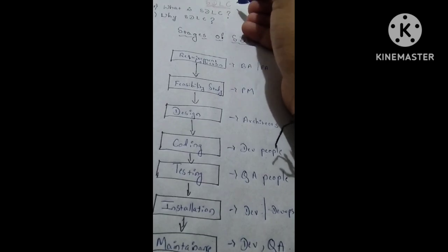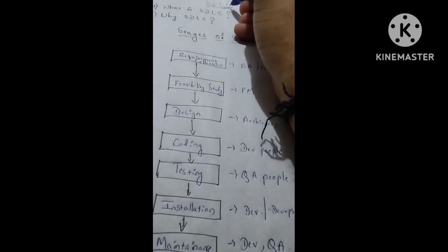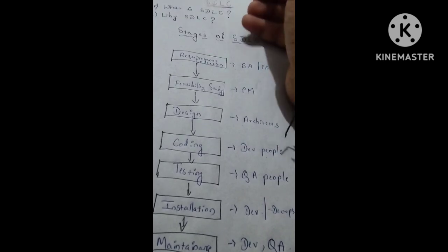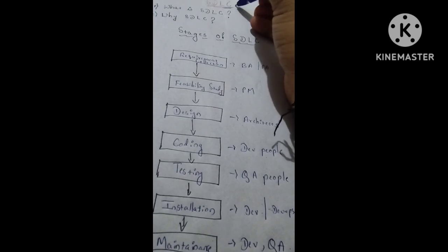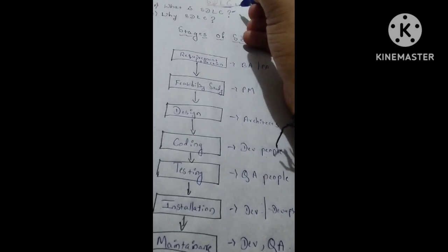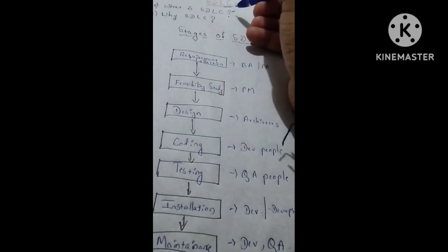So today we are going to discuss the SDLC, the most important part of the development or testing life cycle of a particular project. So what is basically SDLC? SDLC means software development life cycle.